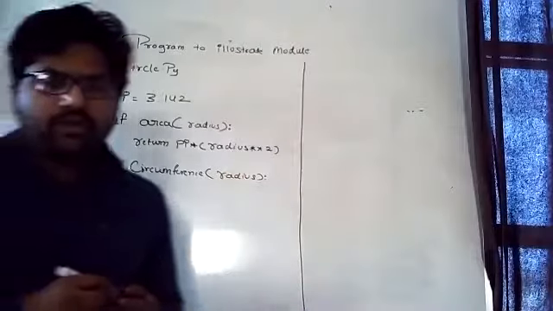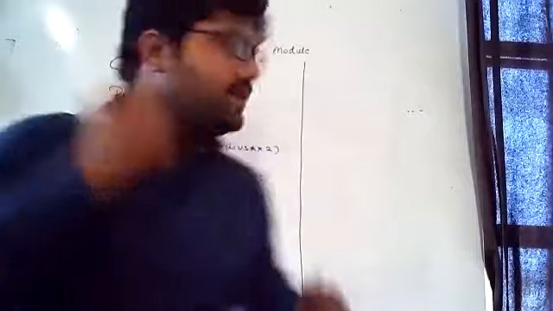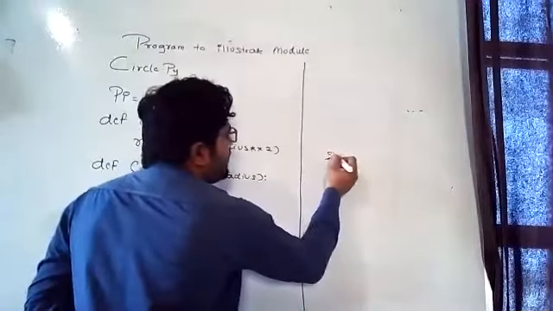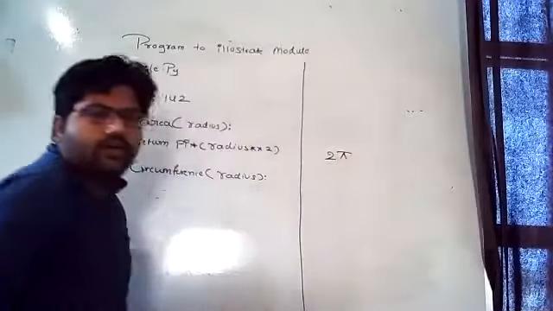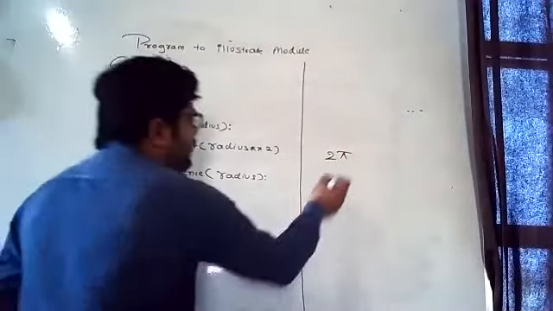What is the formula for circumference? It is 2 pi r.